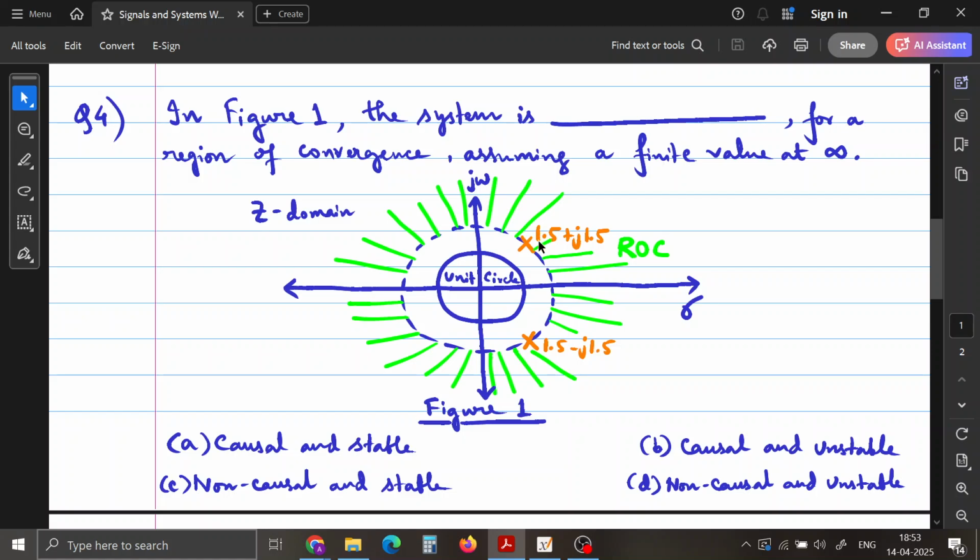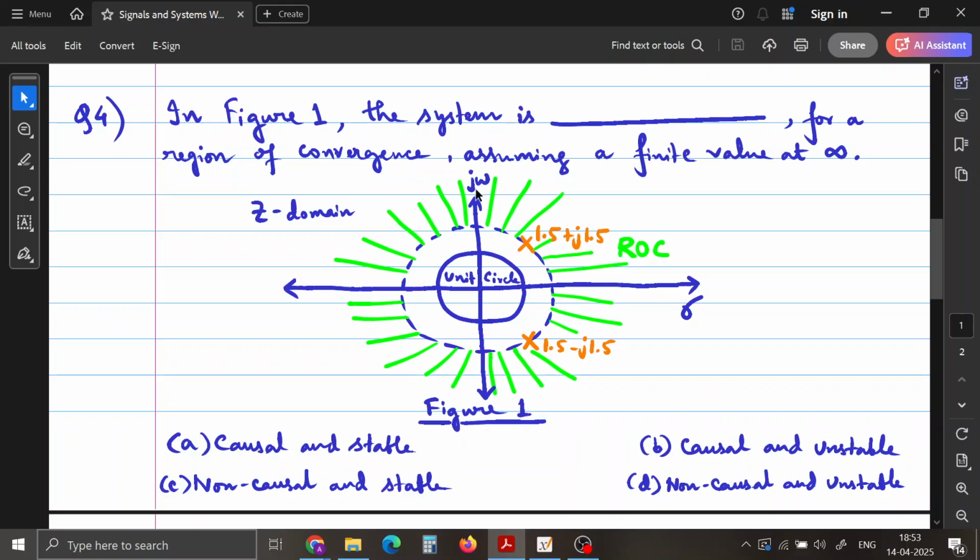And we have the two poles which are complex conjugates of each other. One pole at 1.5 plus j times 1.5, and another pole at 1.5 minus j 1.5. They are marked in orange color.